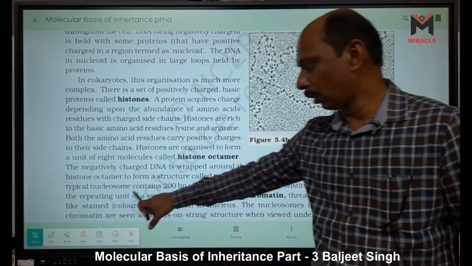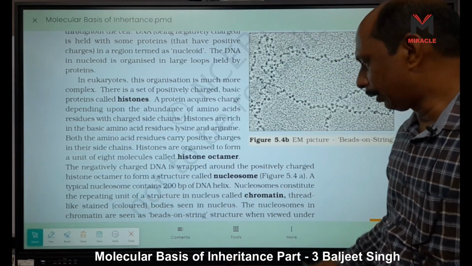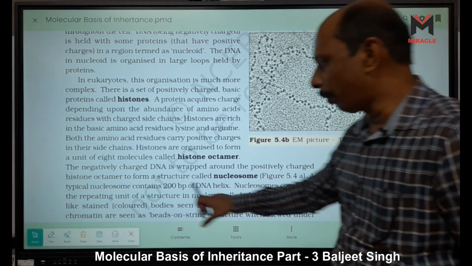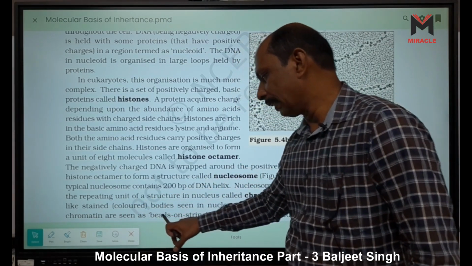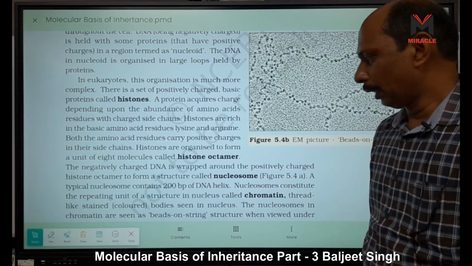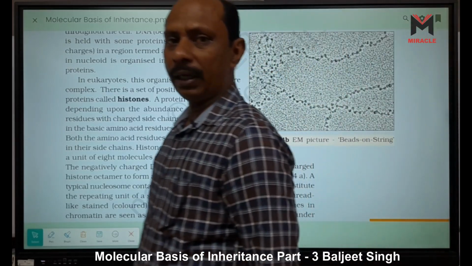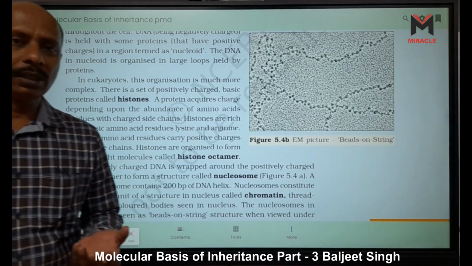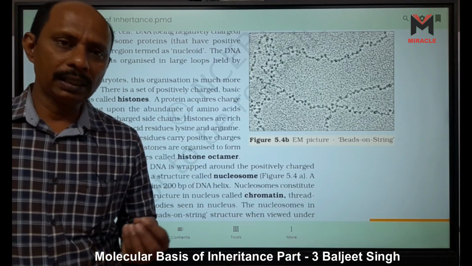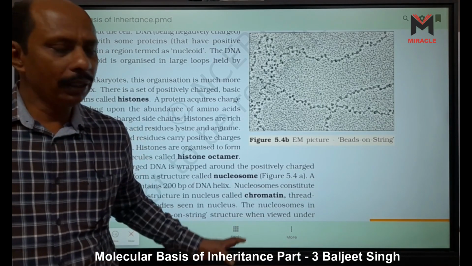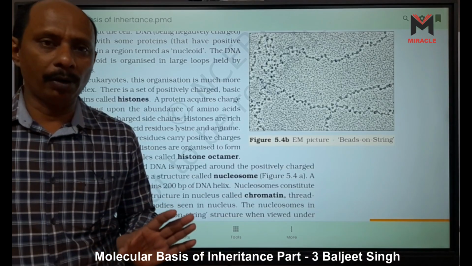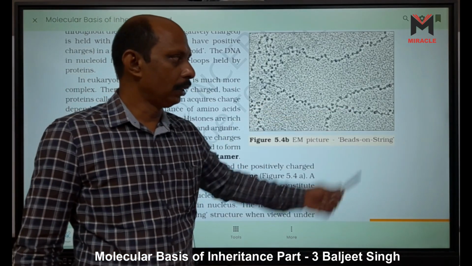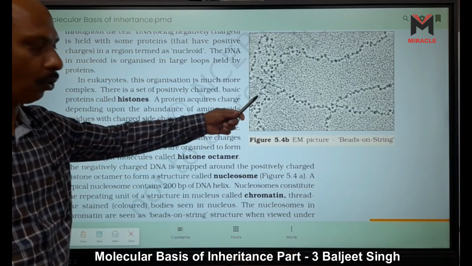Miescher called them nuclein, because at that time he did not understand what this was. And chromatin means what? Chrome means colored bodies, because these chromatin are stained, so they are named chromatin.